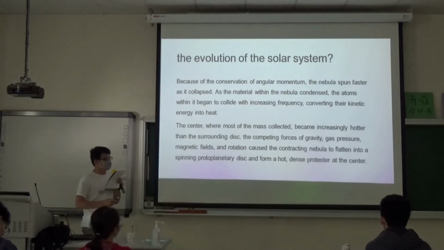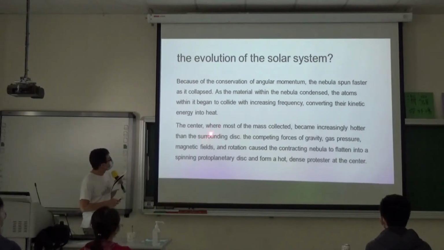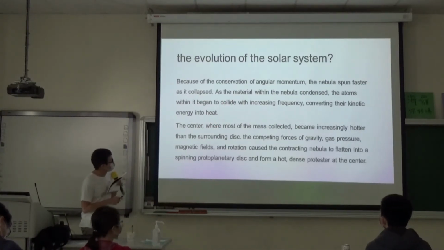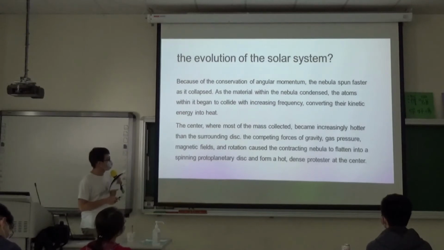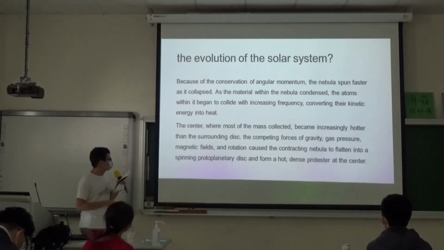The first one is the Sun is the biggest nebula, and it will compress into a single point. And beyond a single point, the atoms within it collide with increasing frequency, and it converts their kinetic energy into heat.